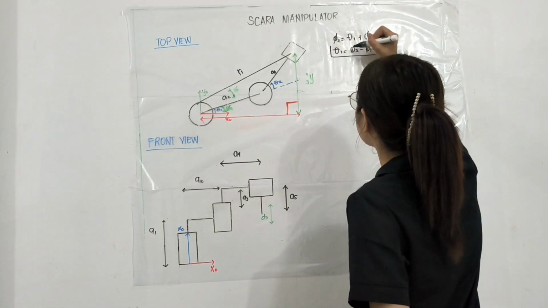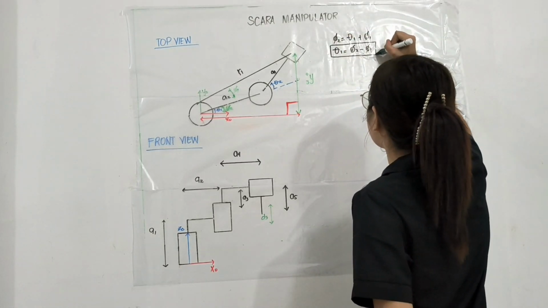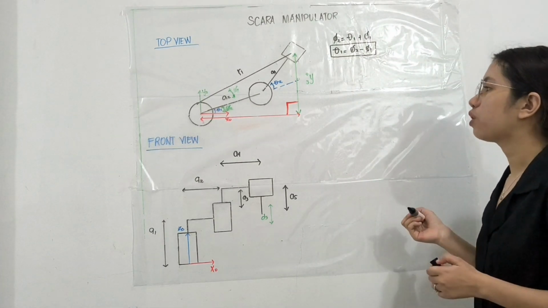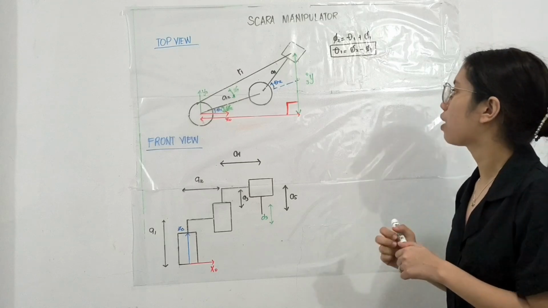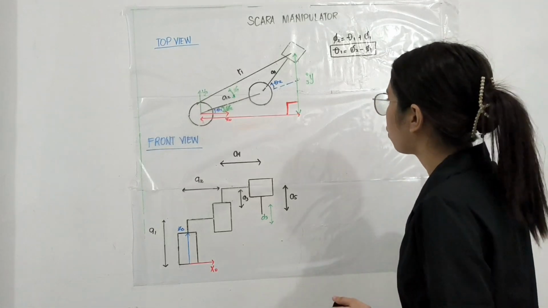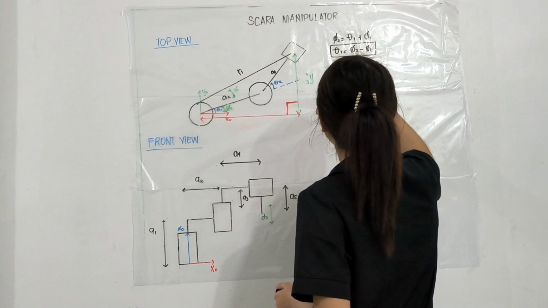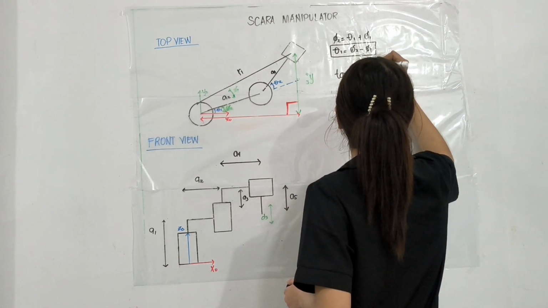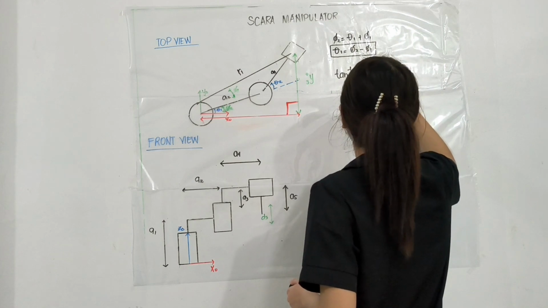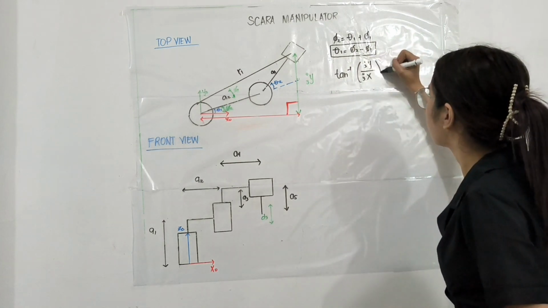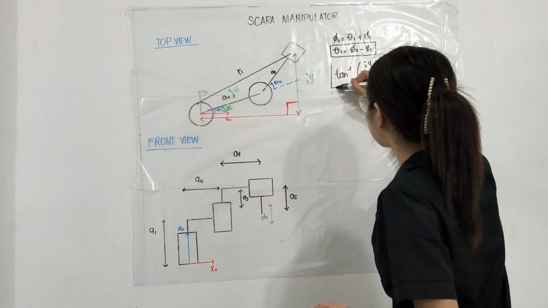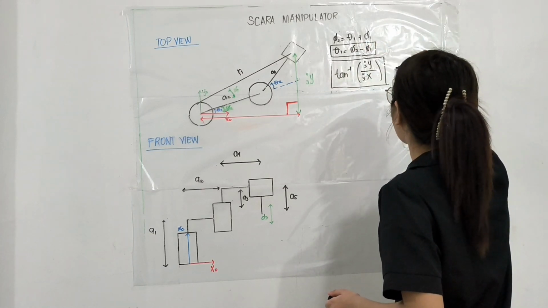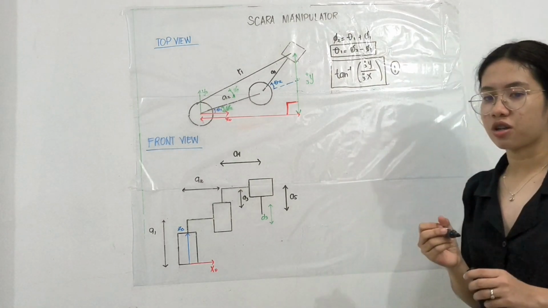We will box this because this is an equation. Next, we will derive phi 2. Phi 2 is the inverse tangent of y sub 0, 3 over x sub 0, 3. We will box this and label it as our first equation.